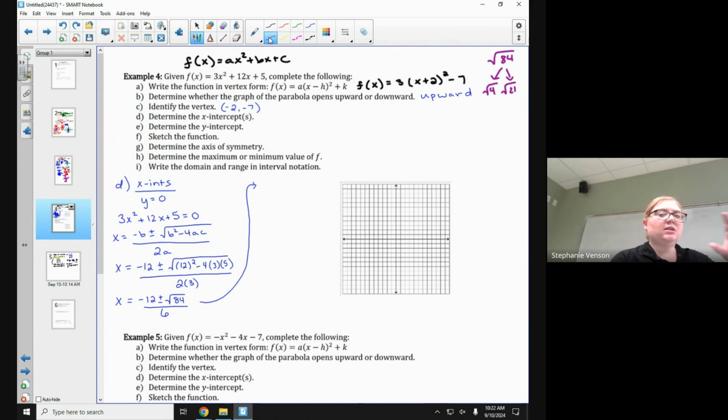So if I rewrite the square root of 4 as a 2, and then I just carry down the square root of 21, I can say that the square root of 84 simplifies to 2 square root of 21. So this becomes x equals negative 12 plus or minus 2 square root of 21 over 6. So far, so good?